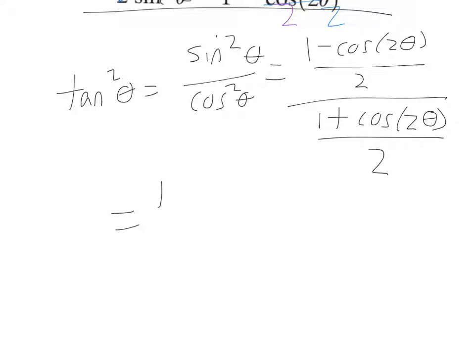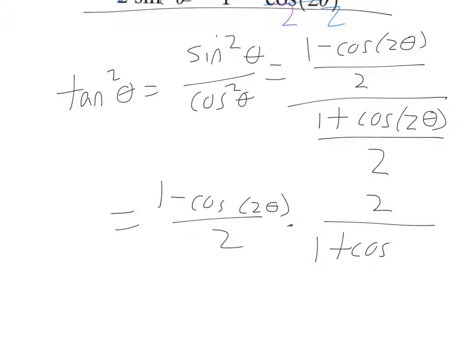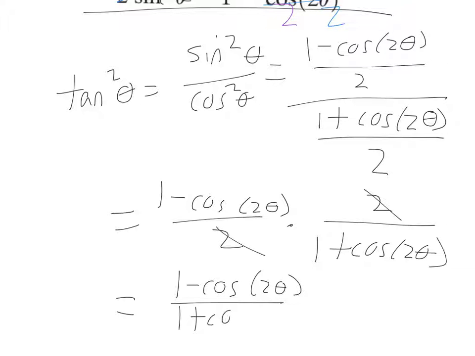Either way, if you do keep flip change, flip the denominator and multiply. The 2's cancel out. So tangent squared of theta is equal to 1 minus cosine of 2 theta all over 1 plus cosine of 2 theta.